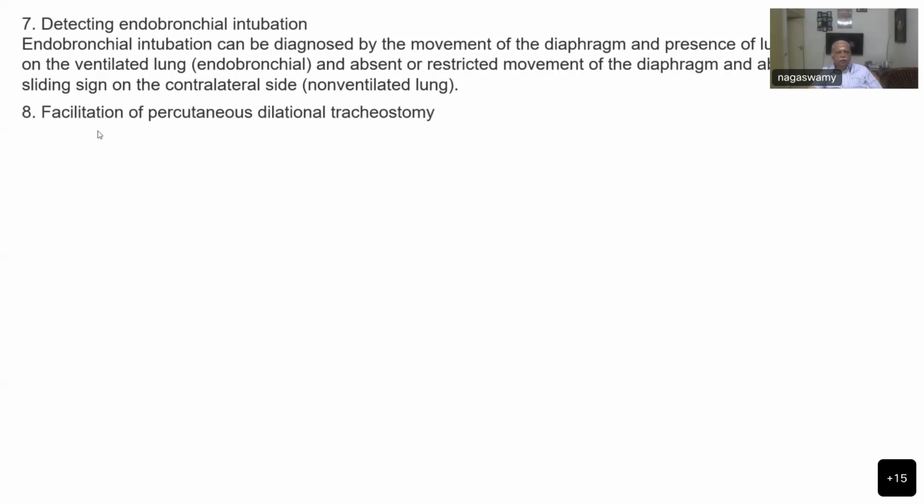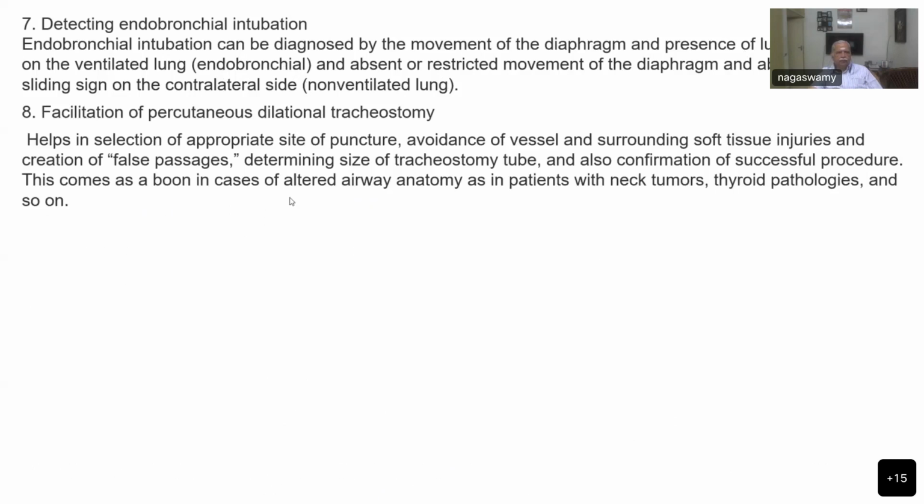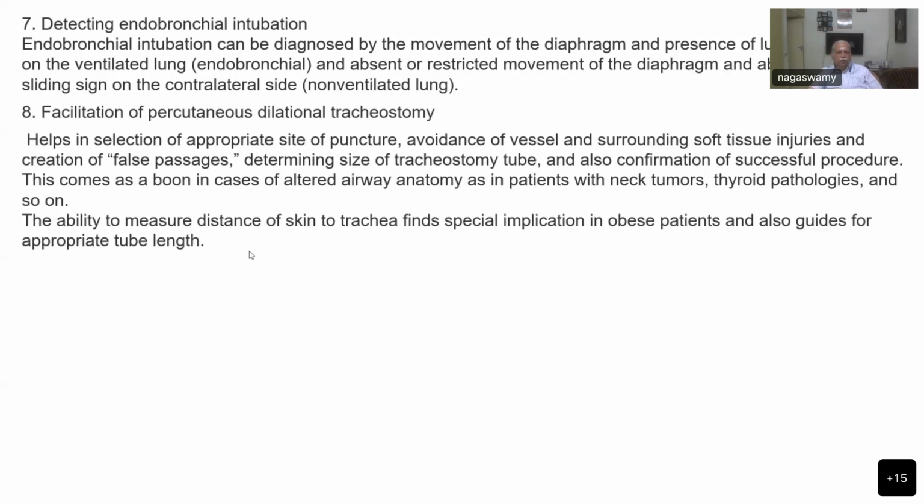The other use is percutaneous dilatational tracheostomy. So you can avoid false passages and you can avoid injury to other structures. The ability to measure the distance from the skin to the trachea, especially in obese patients, is very, very useful.